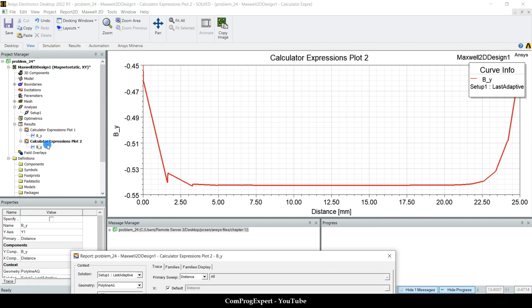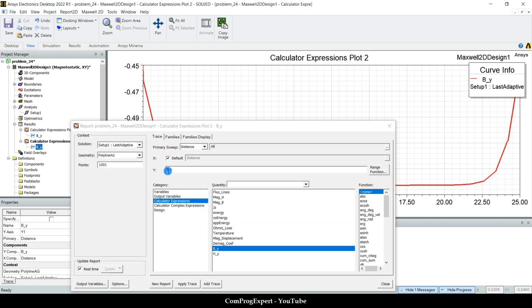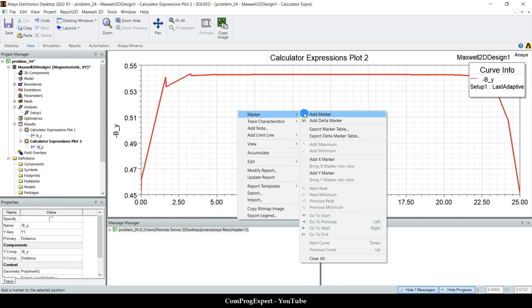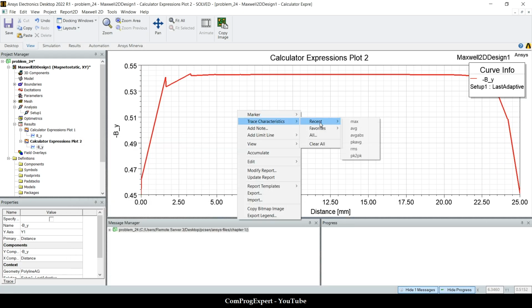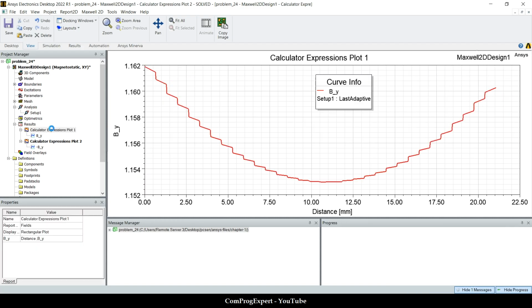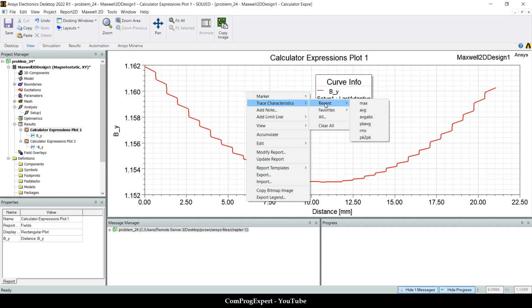Okay, you know the value is negative. Let me multiply this by -1. What is the maximum value here? It is 0.54.